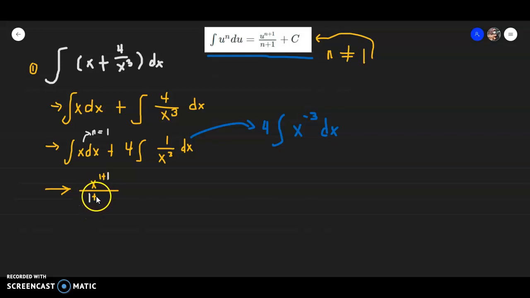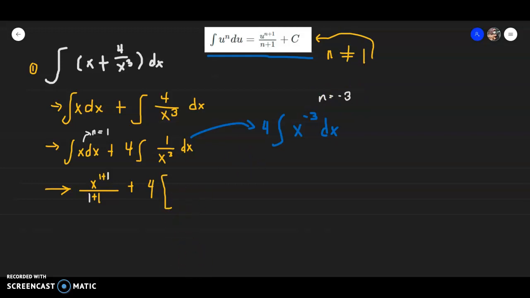So 1 plus 1, plus 4 times bracket, since ang n natin dito is equal siya sa negative 3.